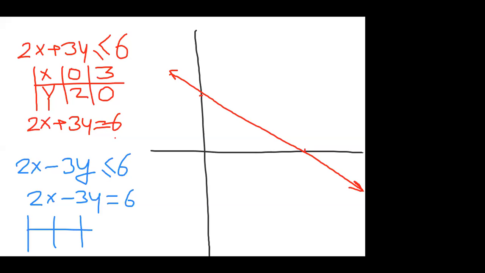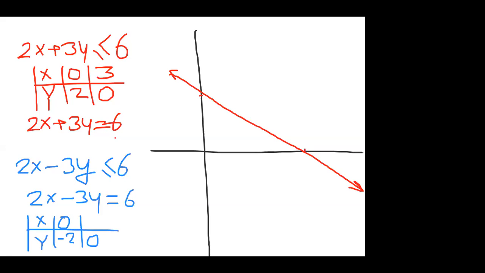So at that time, table formation we are doing, x, y. Once I'm taking x as 0, once I'm taking y as 0. When I'm taking x as 0, the value of y will be minus 2.